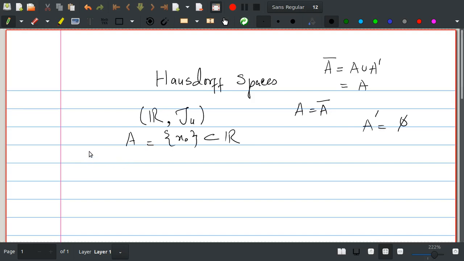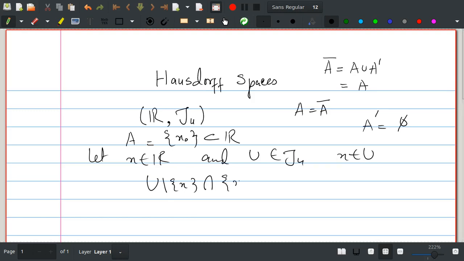Say let x be any real number and U be any open set in R such that x is in U. Now, if we look at the intersection of U minus {x} with {x0}, I mean we have this intersection A here, this is going to be an empty set.